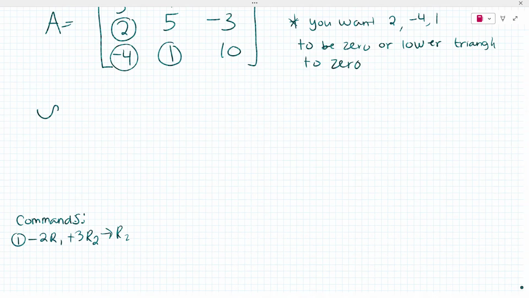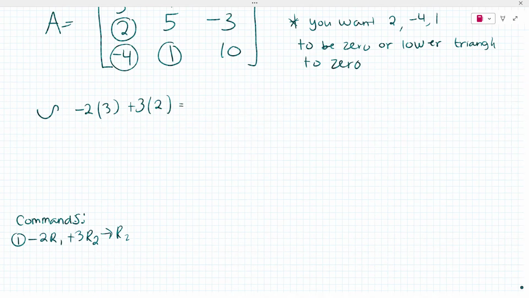So we're working on row 2 first, multiplying row 1 by -2, plus 3 times row 2. So what would that be? It's -2 times row 1, so the first number in row 1 is 3, plus 3 times row 2. The first number in row 2 is 2.